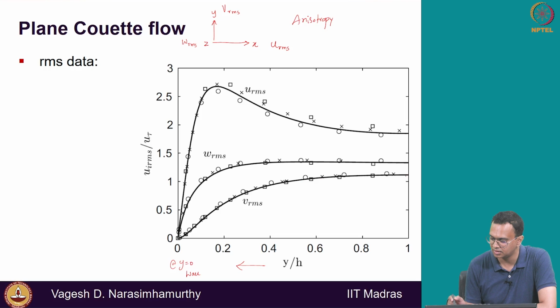So this is where the data is not exhibiting any damping, let's say from y by h 0.5 and above up to the channel center line. Here you see it is more or less constant, the VRMS, WRMS and the URMS. But as you come closer, the VRMS has already started to damp far away from the wall. The URMS rises and drops very close to the wall, so the damping is occurring only from here.